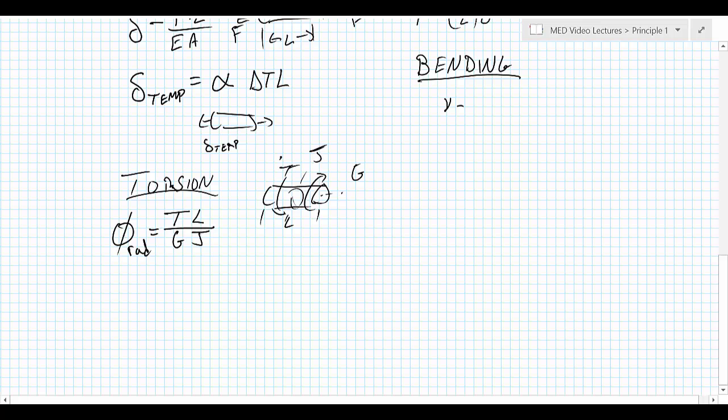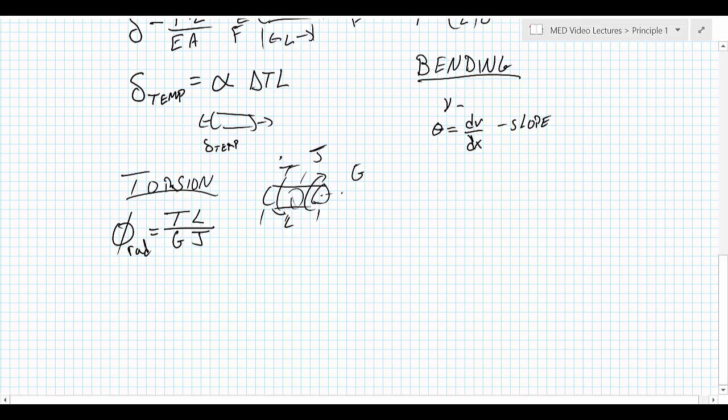The slope of the beam would of course be the derivative with respect to the length, so the first derivative, dv/dx. That is the slope.